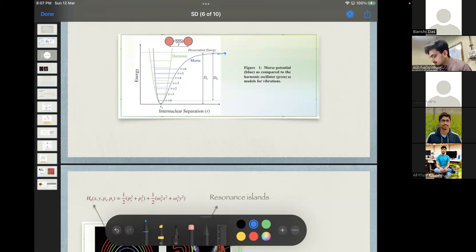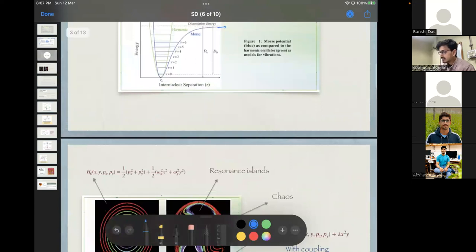So why do they use a harmonic model? You can ask yourself and try to find out. Basically, we have to model the dissociation, so we have to model the vibrational mode with the Morse oscillator or any kind of anharmonic oscillator. We choose Morse because the quantum and the classical analytical forms of the Morse oscillator are known.